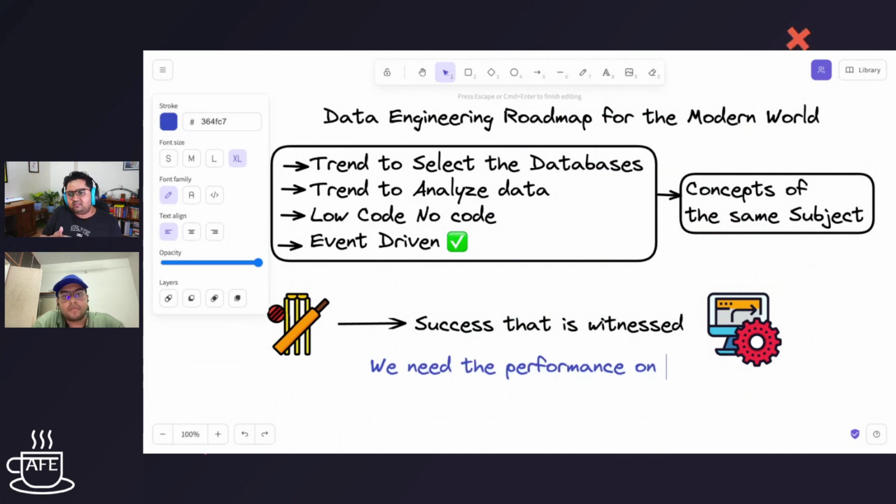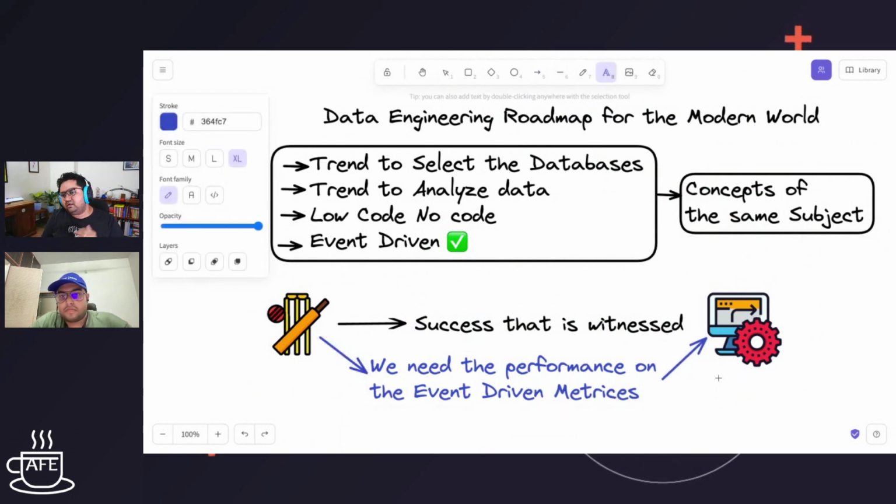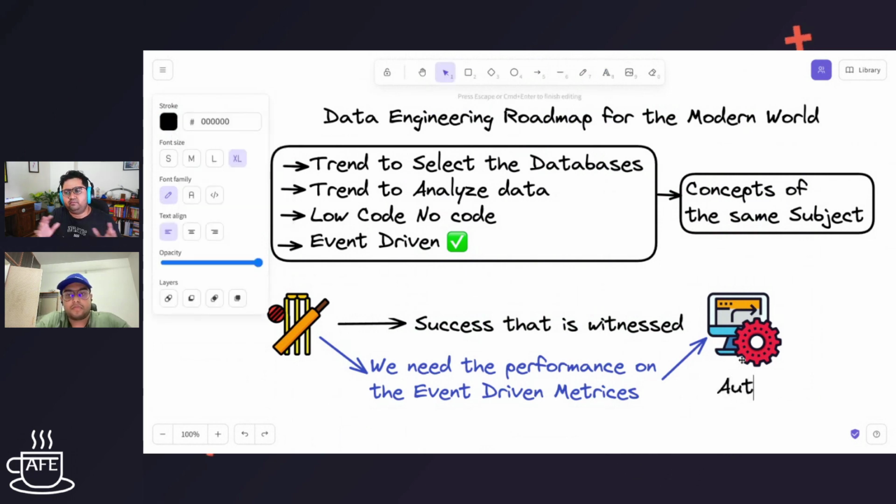So that's event driven, but analytics is not real time. So driven by the behavior of the data and the need to understand the data, or let's say generate analytics, other decisions get impacted. Now the way you store the data, low code, no code, all of these are attributes of that. So that's how I think of it.